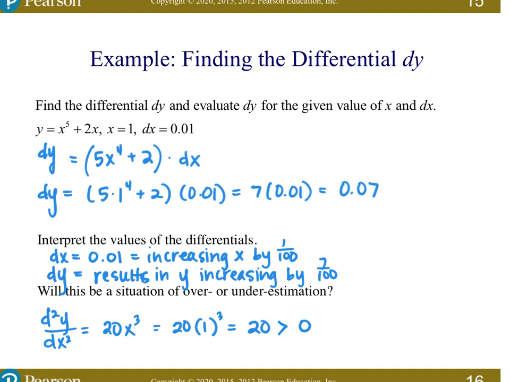Positive concavity leads to the differential being an underestimation. Okay, we could just always think about the positiveness as pulling the curve higher than what your estimate would be. And so this would be an underestimating situation.